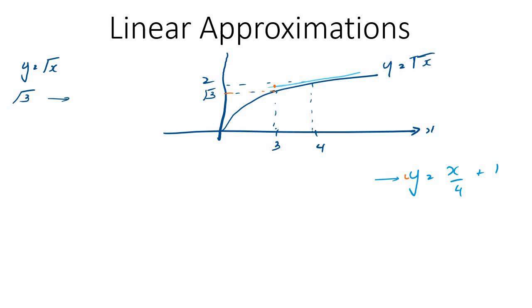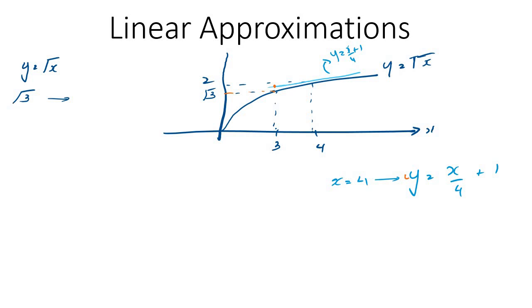This was the tangent at x equals 4. Now, this line, that's the equation of this line. Let me write it down. Equation was y equals x over 4 plus 1.